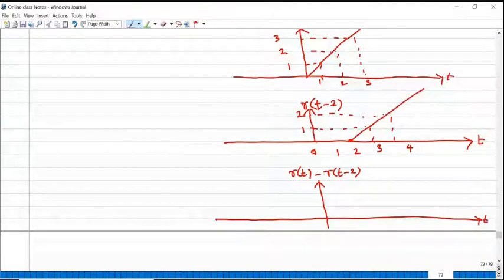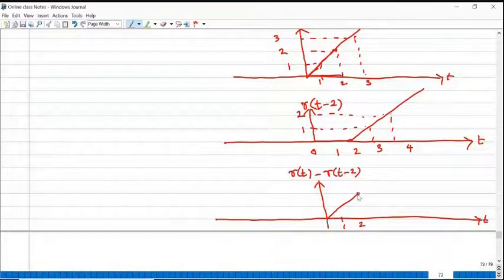From 0 to 2, no information is available. So 0 to 2, whatever information is there, let's say x, this is the x. X minus 0 is x. So 0 to 2, no change, the same signal. At 2 to 3, for example, at 2 the magnitude is 2, 2 minus 0, 2.